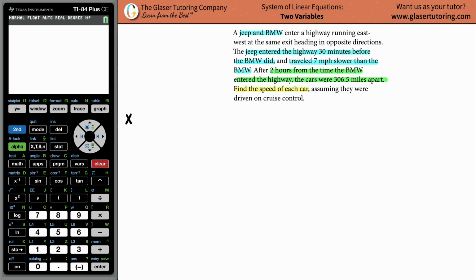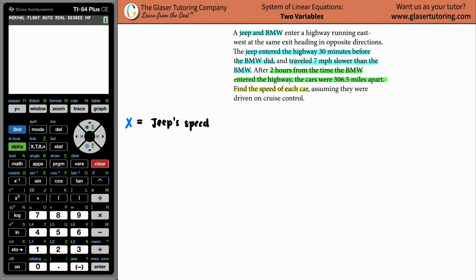In this case, maybe we'll make this blue. We're going to say that X will equal the speed of one of the cars. Whether you say X is the BMW or the Jeep, it doesn't matter. So since they said the Jeep is first, maybe we'll say that X is the Jeep's speed.